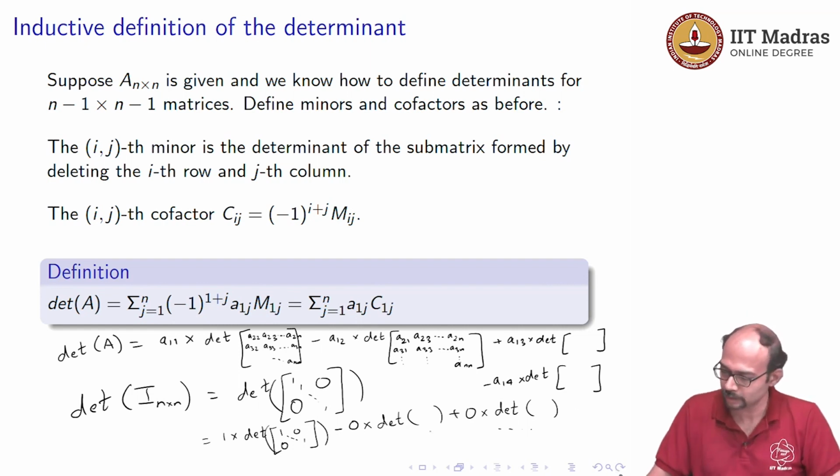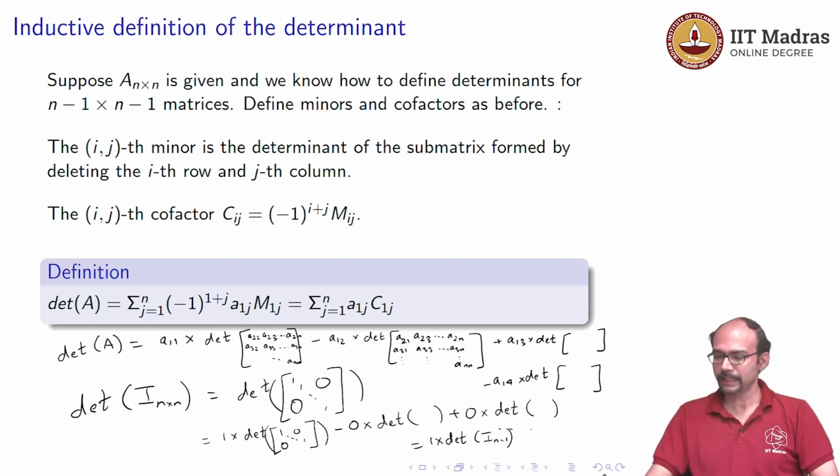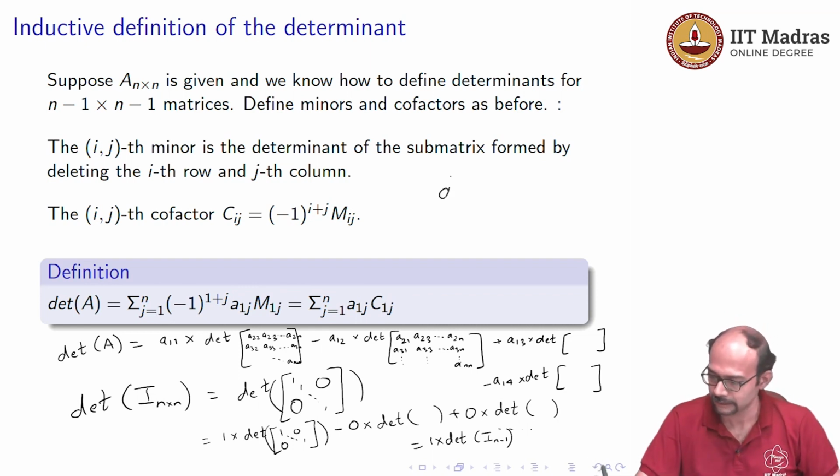So what do you get? You are left only with 1 times determinant of the identity matrix of smaller size. Okay. So determinant of In is determinant of In minus 1. That is what we obtained by this process.